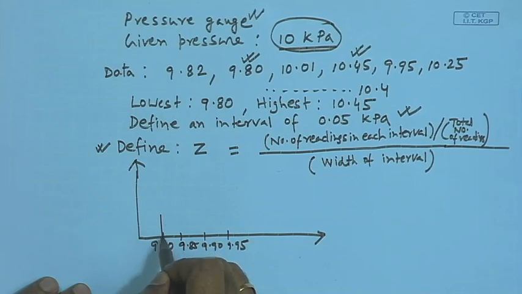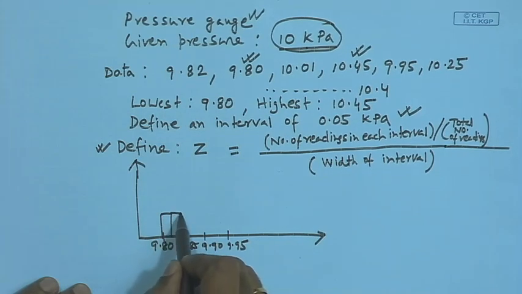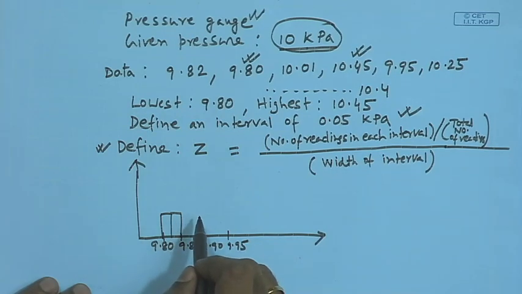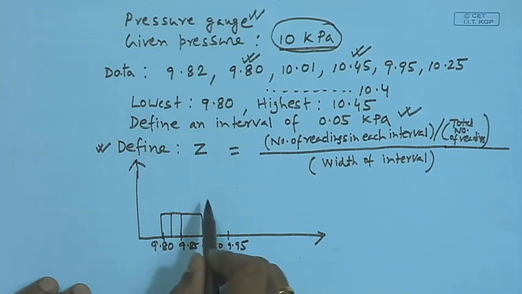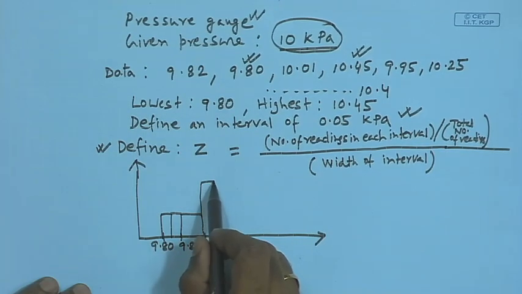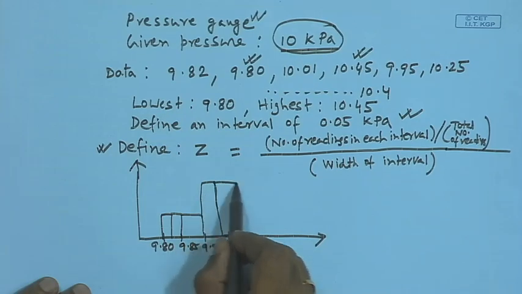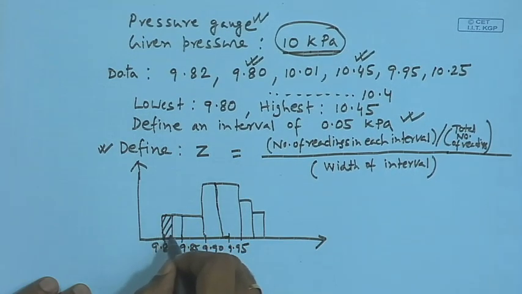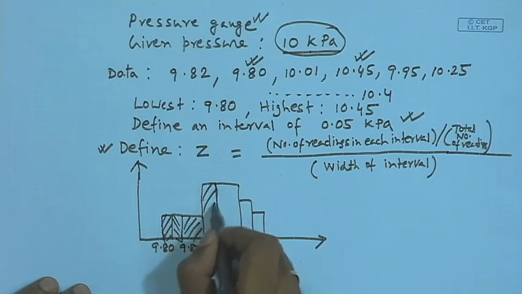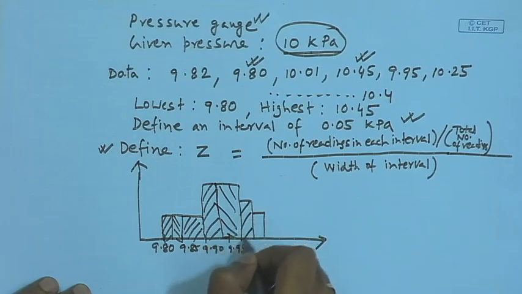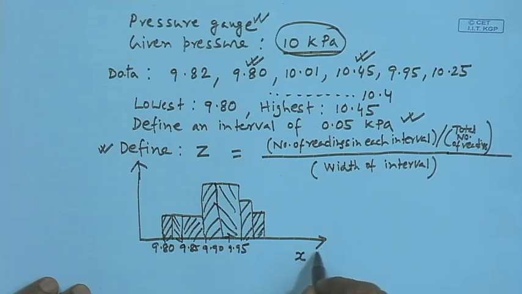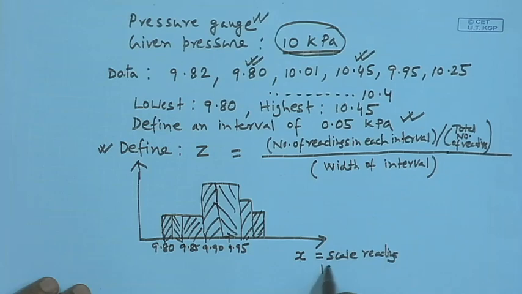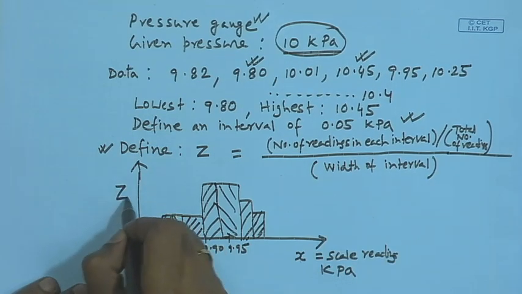So, maybe I can get a histogram like this. Maybe something like this.